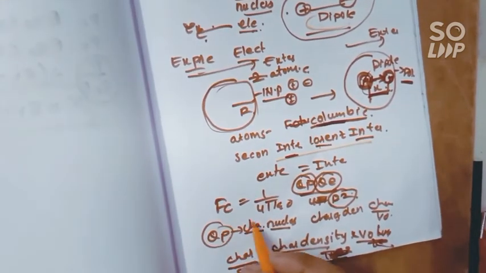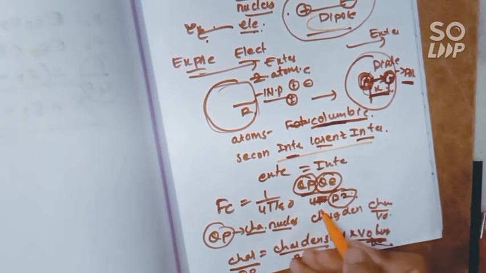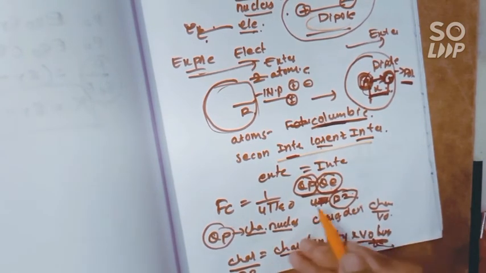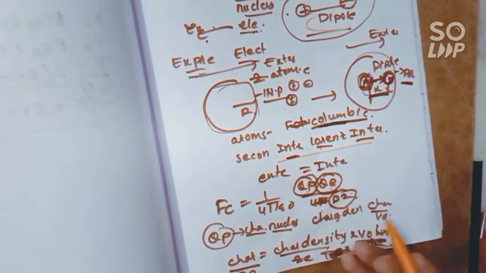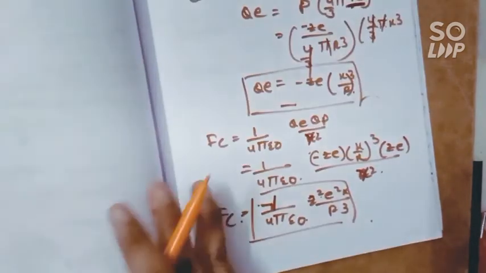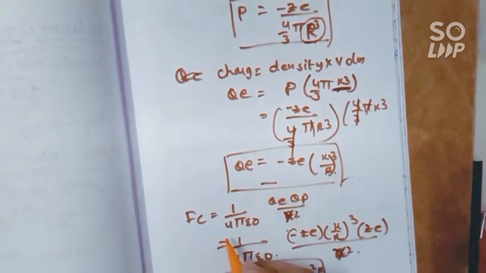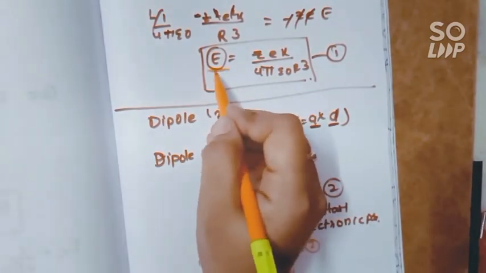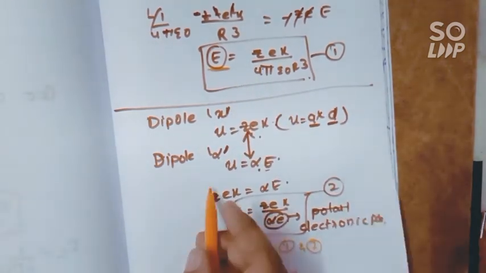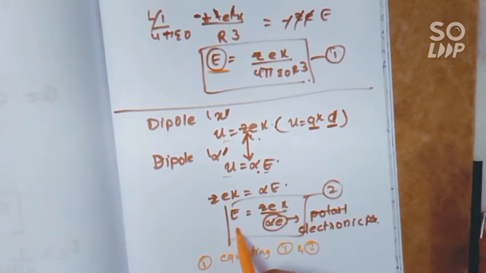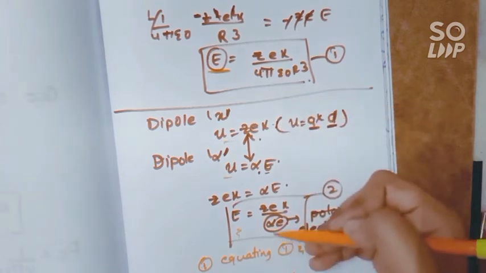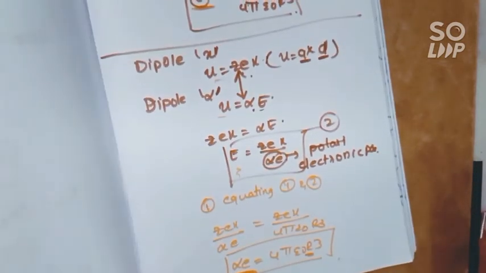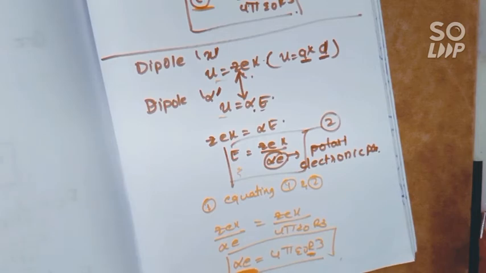Now Fc equals 1 by 4 pi epsilon into Qp into Qe by R square. Calculating Qp and Qe, I get Fc and Fl, and equating Fc and Fl, I get the equation for the electric field. By equating the two dipoles, again I get an equation for the electric field. By equating the two electric fields, I get the polarizability, the electronic polarization.